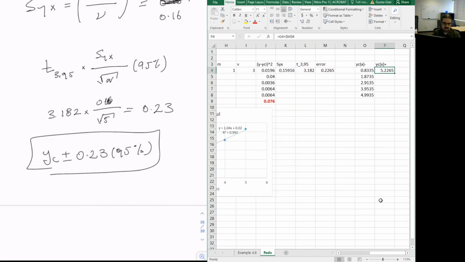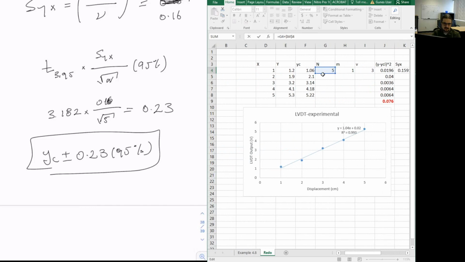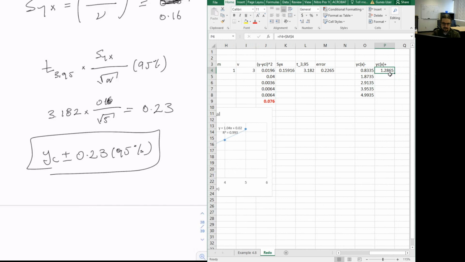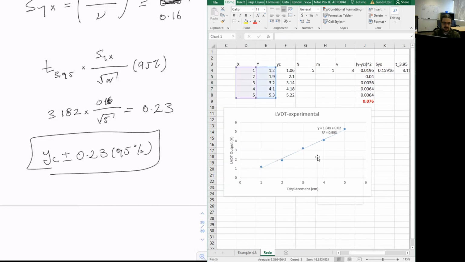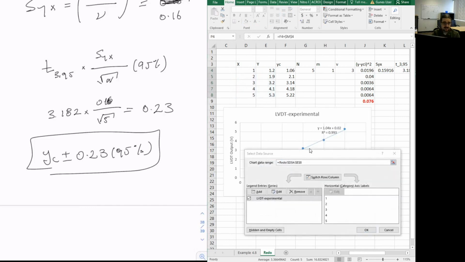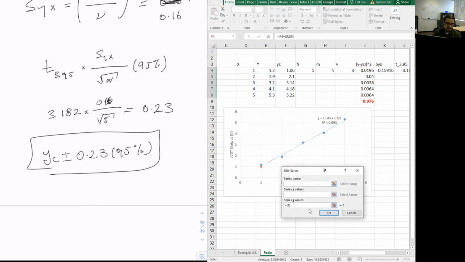Mistake here. This is not that. That's going to be this. There you go. And if I propagate that, I can plot them as new data. So I add yc plus error.